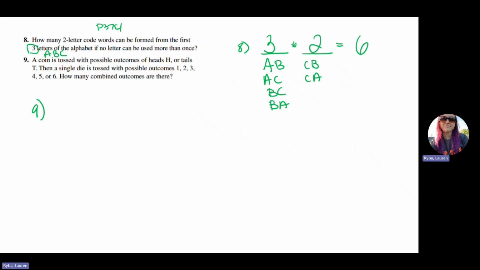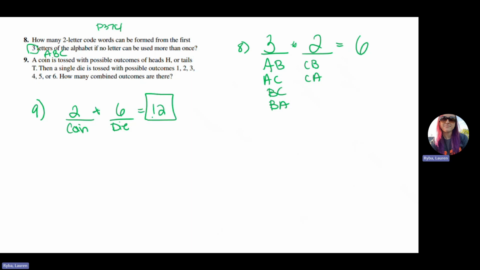A coin is tossed with a possible outcome of head or tail. Then a single die is tossed with the possible outcomes 1, 2, 3, 4, 5, or 6. How many combined outcomes are there? So that means we are flipping a coin and we are rolling the die. Our coin has 2 options. A single die has 6 options.